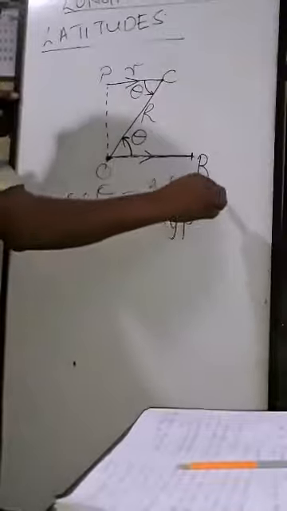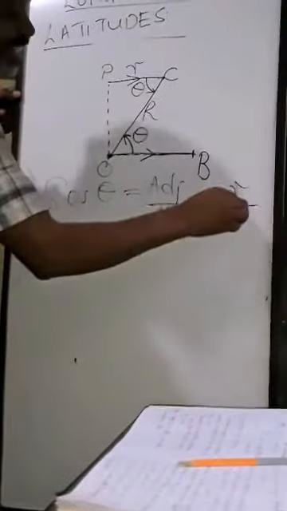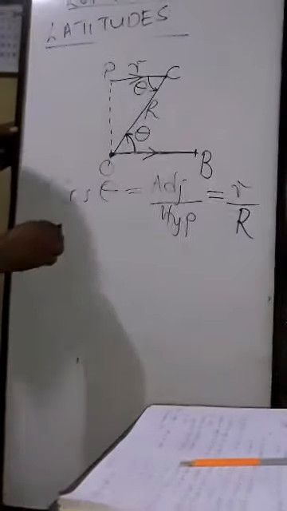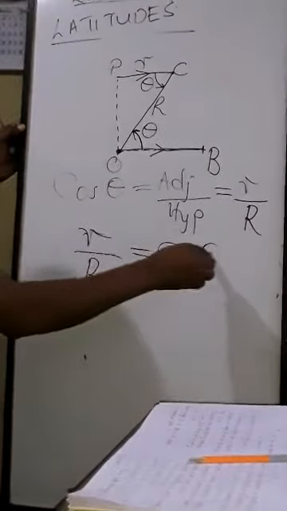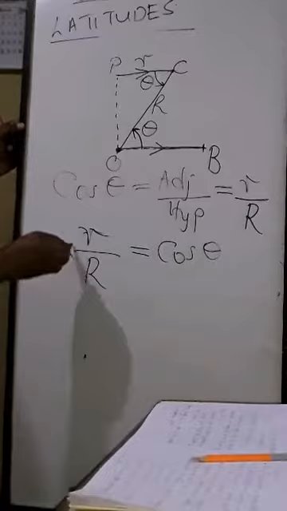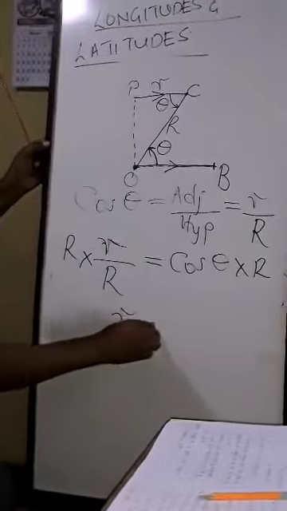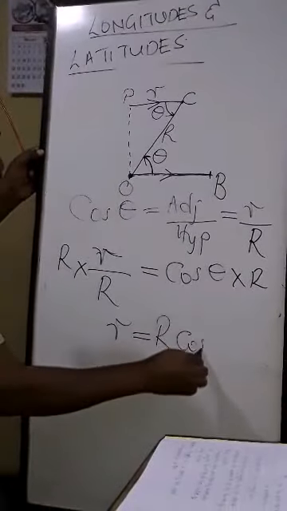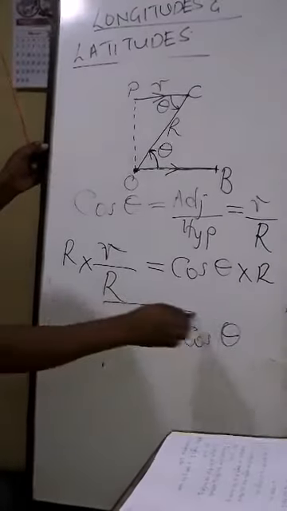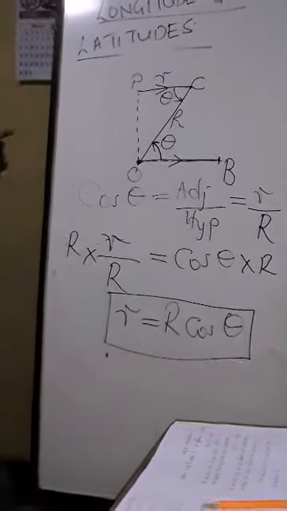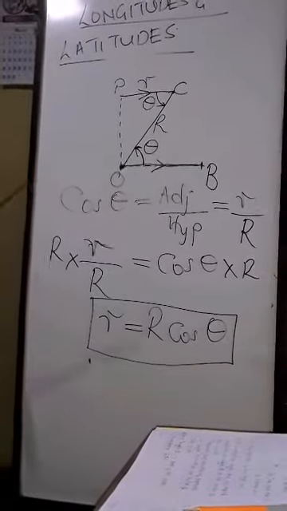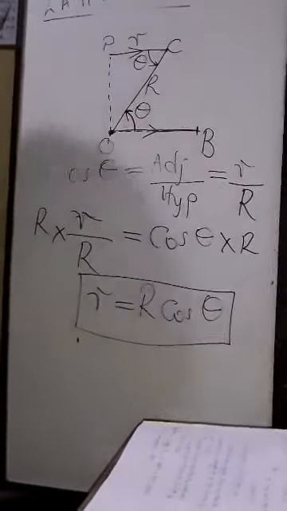In our case, the adjacent is small r, and the hypotenuse is capital R. So we can say r small over R capital is equal to cos theta. If I multiply both sides by R, I get that r small is equal to R capital cos theta. So this is the relationship between the radius of a small circle and the radius of a great circle, or the radius of the sphere.